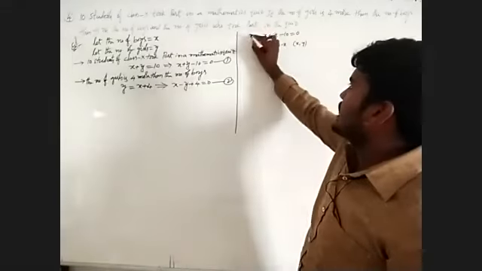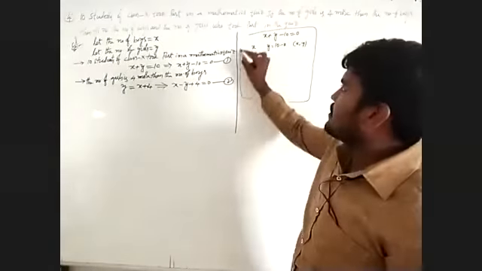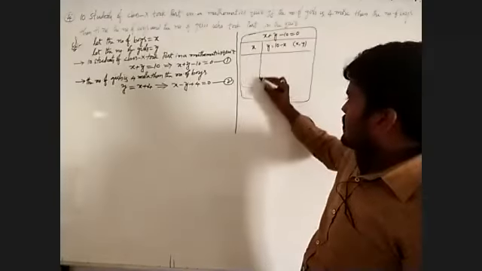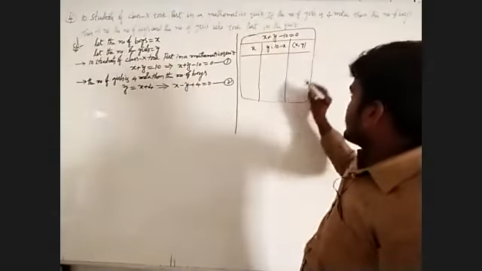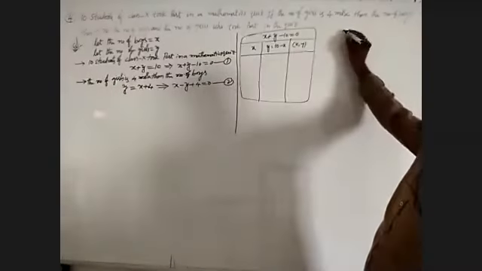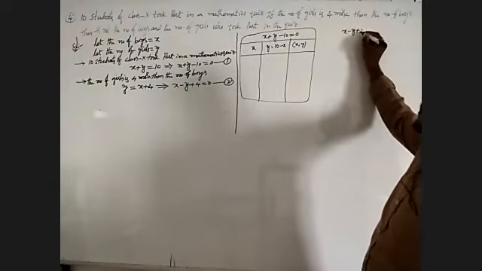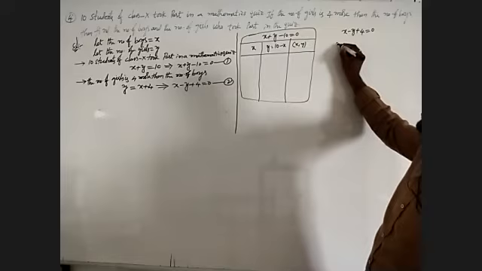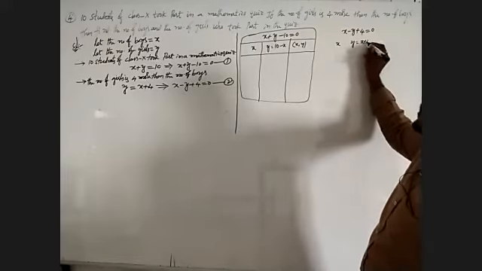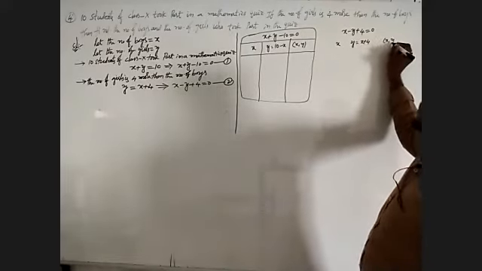Finally, we take the point x comma y. Then the second condition is x minus y plus 4 equals 0, where y is equal to x plus 4. After that, x comma y.